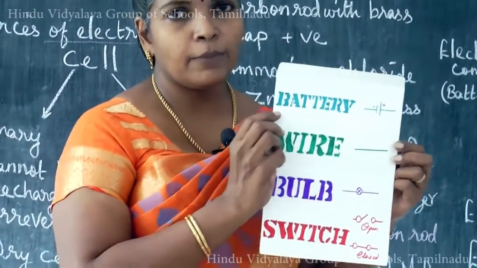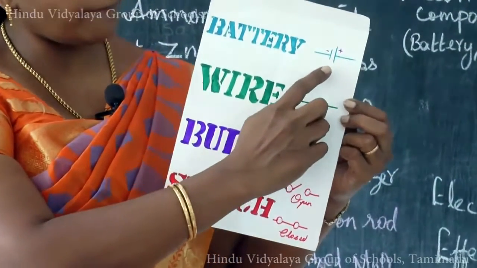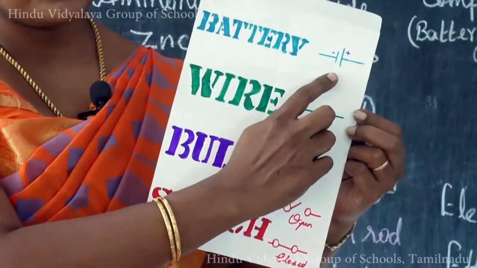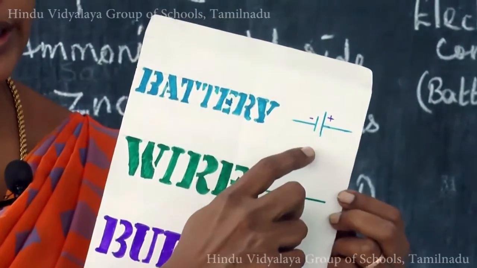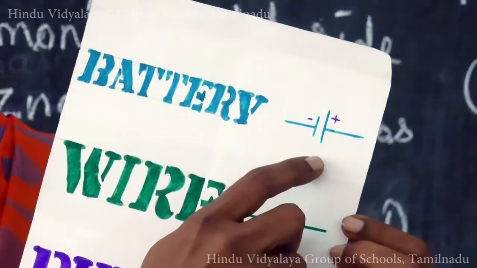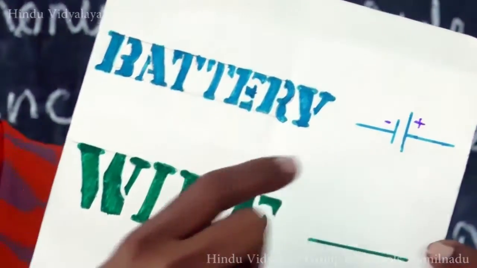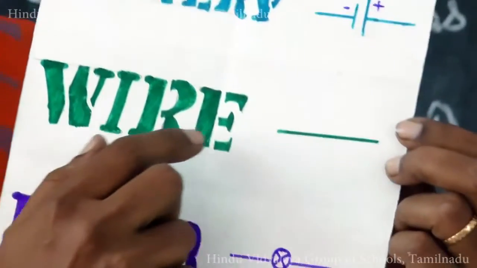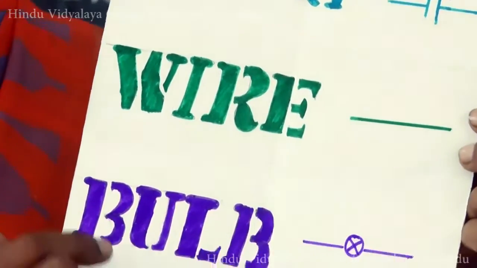First, battery, it has two parallel lines. One is a longer line and another one is a shorter line, and the longer line denotes the positive terminal of the battery and the shorter line the negative terminal of the battery. Next, wire, it is denoted by a straight line.